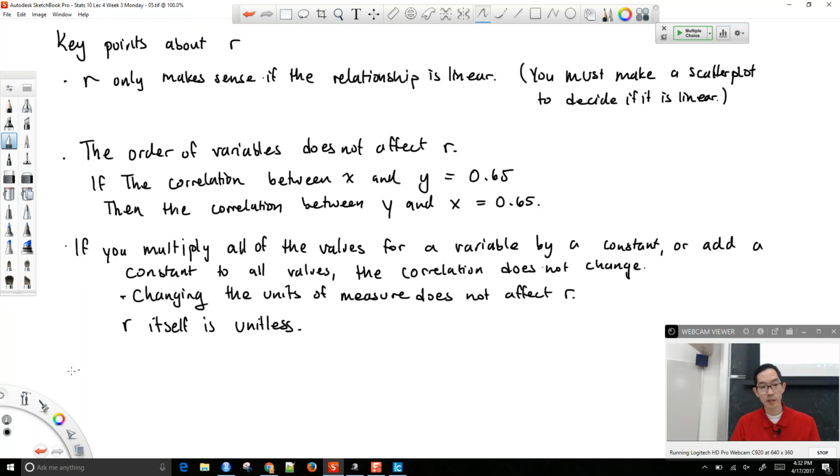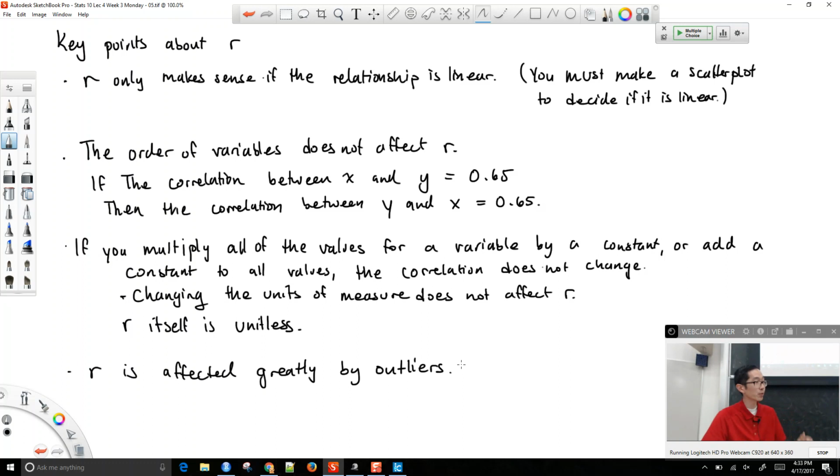R is affected greatly by outliers. So when you create your plot and you notice outliers, it's always a good idea to investigate them.